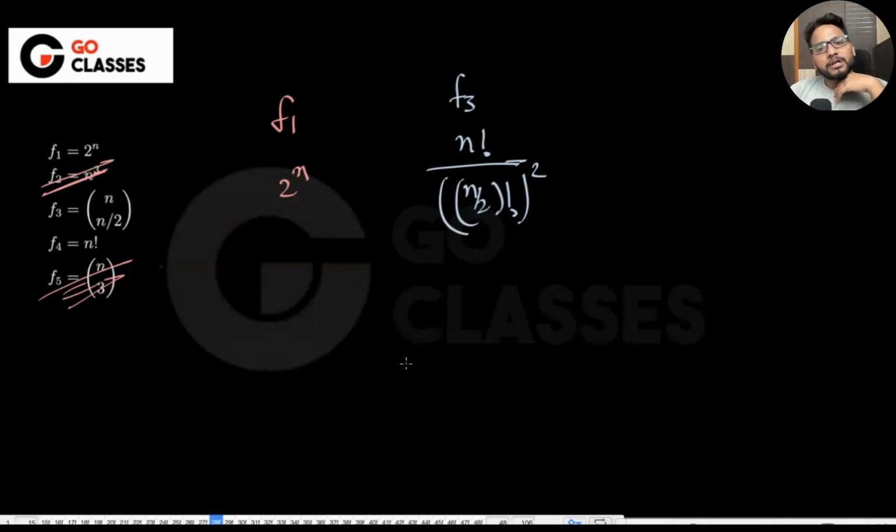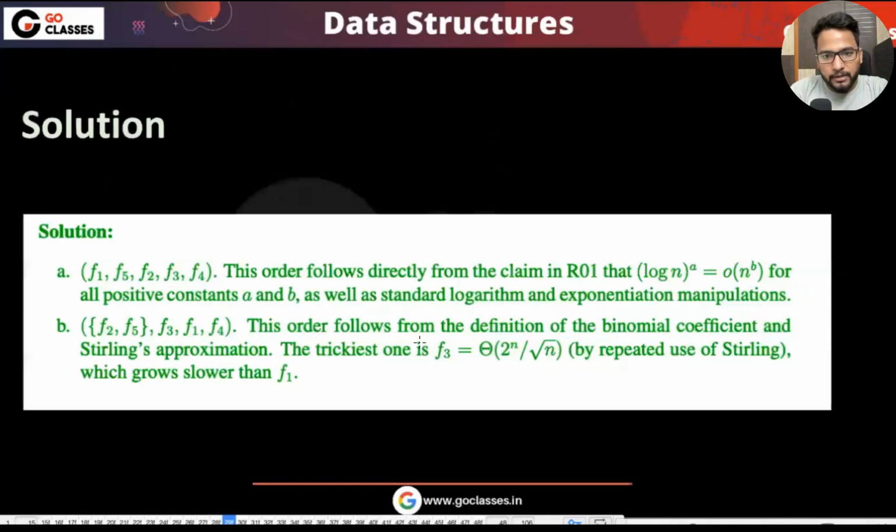So what can be some other way? That's what I'm thinking. Let me check how they have compared. Okay, this order follows from the definition of binomial coefficient and the Stirling approximation. The trickiest one is f3.